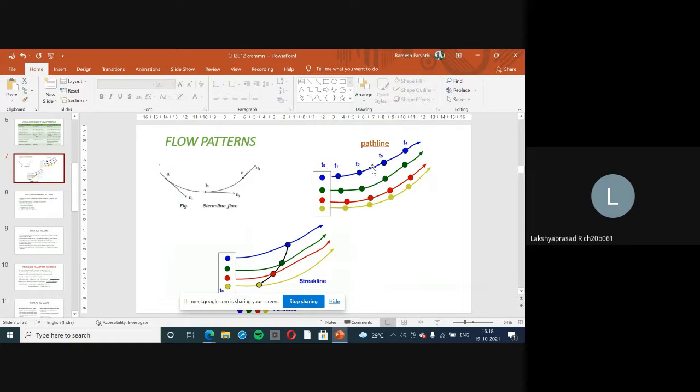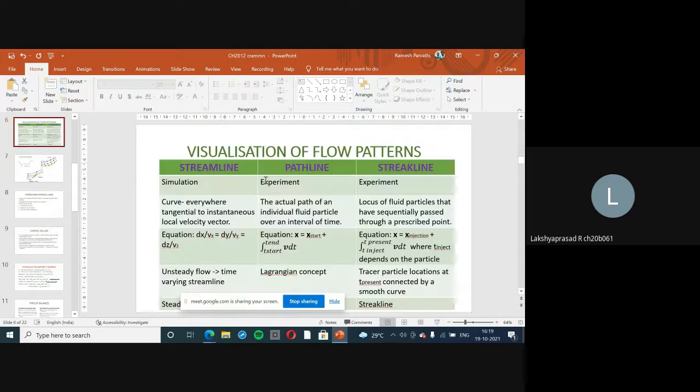The equation for this path line is obtained with respect to its initial position, and since we know the velocity vector for the flow, we can write down the equation as shown over here. At any instant in the path line, position x is equal to the initial position plus the integral of v dt, where v is the velocity vector field.